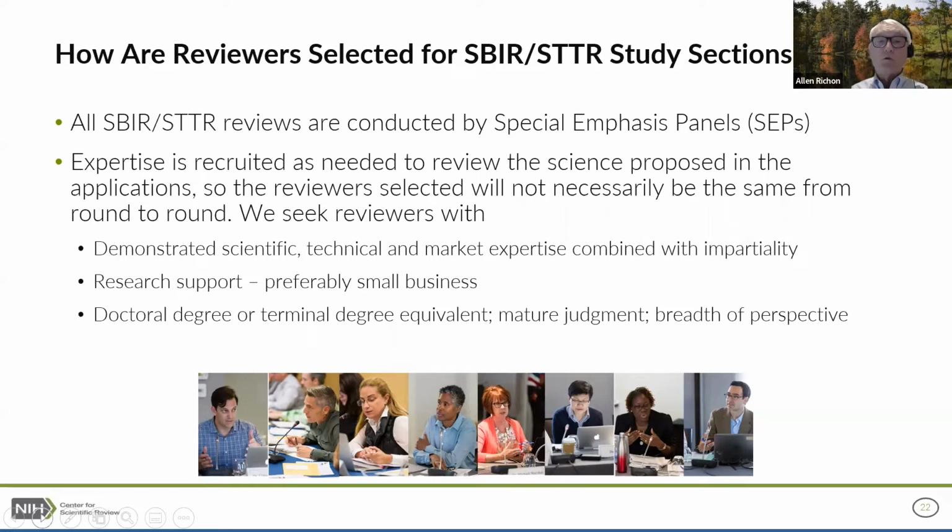So we want people with research support in the SBIR program, mostly small businesses or academicians who are starting small businesses. We also look for people who are senior in their career, so terminal PhD, MD, mature judgment, breadth of perspective, upper level management in the companies, and so on. So, we try and find people who are the highest quality for the area that we're working in.